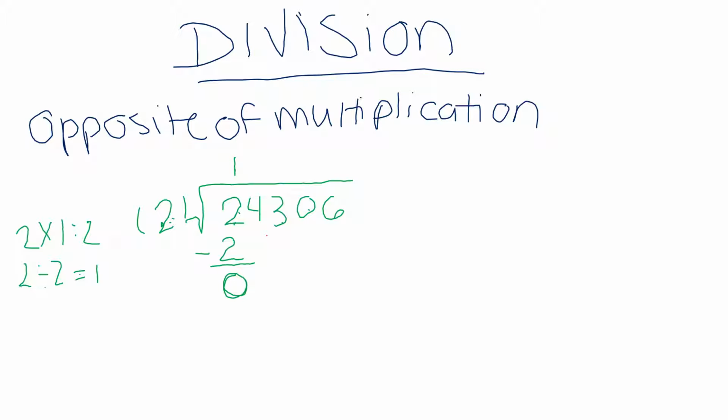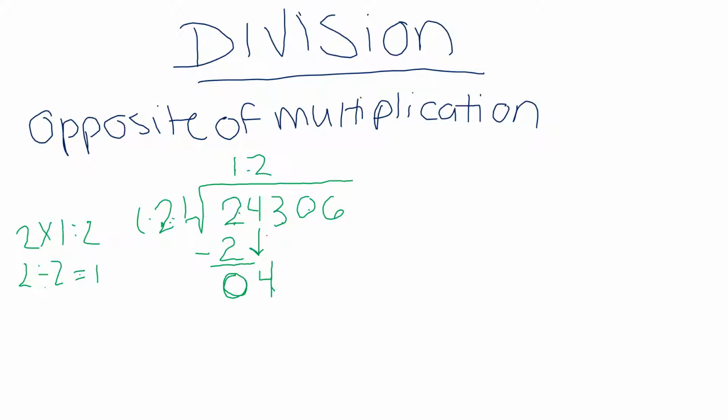So now, 2 goes into 4 how many times? 2 times. So I carry the 4 down here so I can see it better. 2 goes into 4 2 times. Now 2 times 2 equals 4.